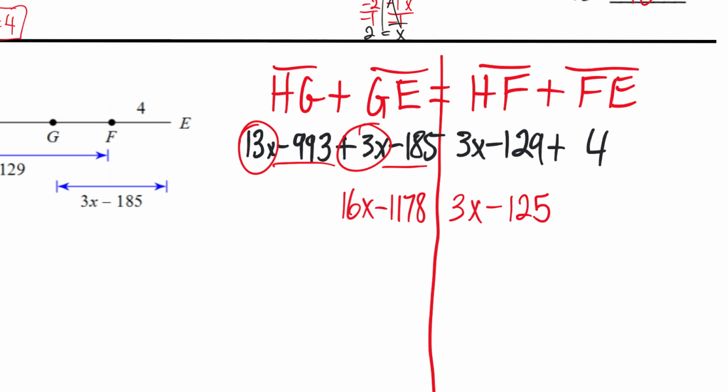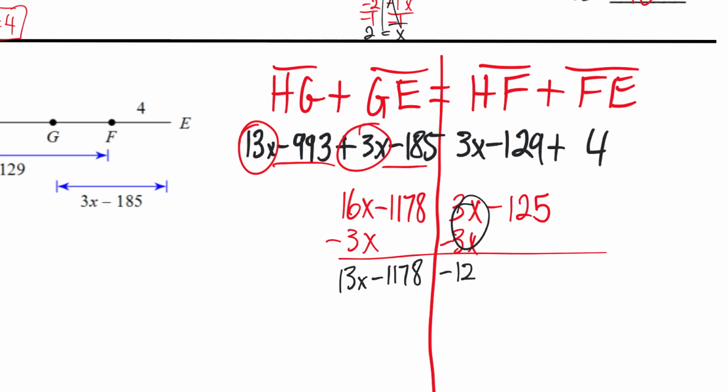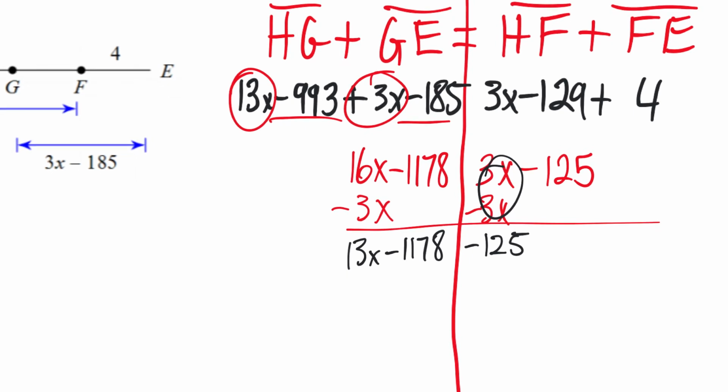Now we just need to get our x's together. I'm going to subtract 3x from both sides. This zeroes out. This leaves 13x minus 1178 equals negative 125. Now I'm going to add 1178 to both sides.